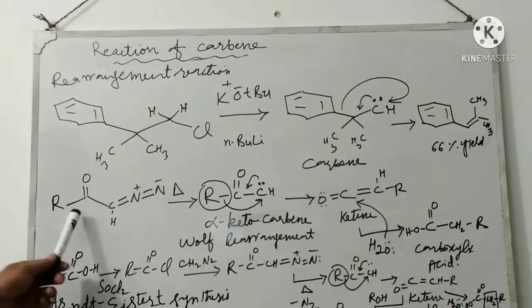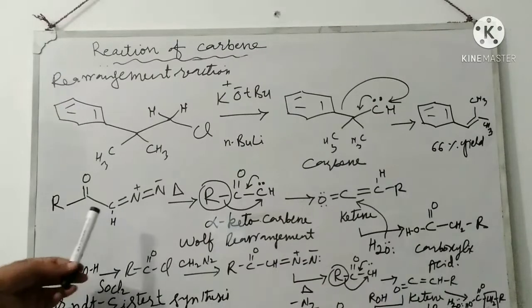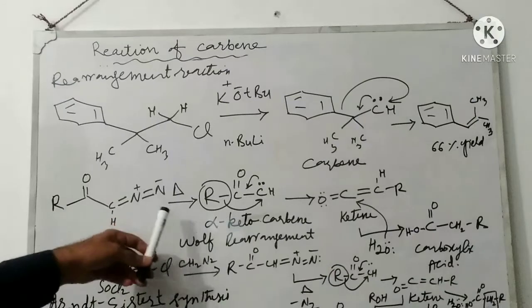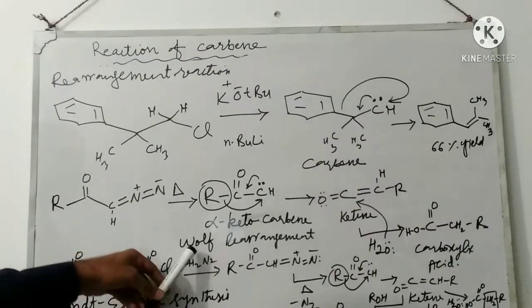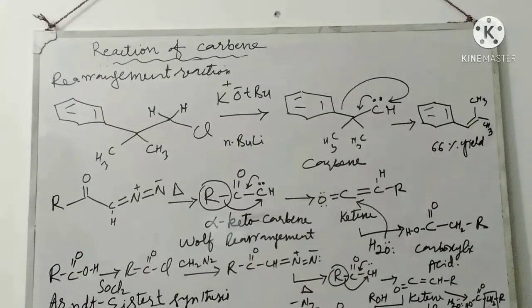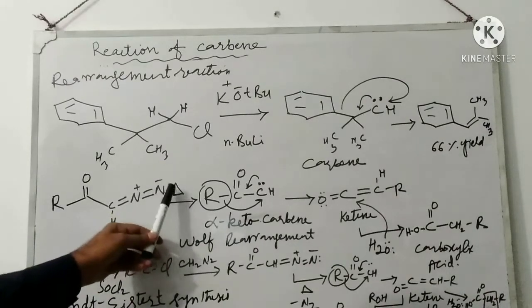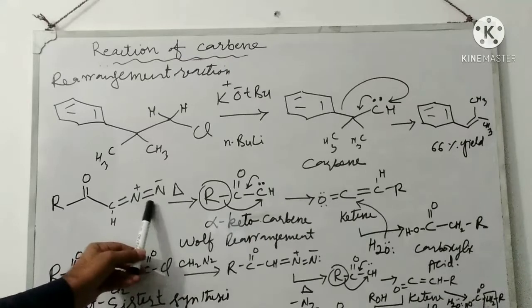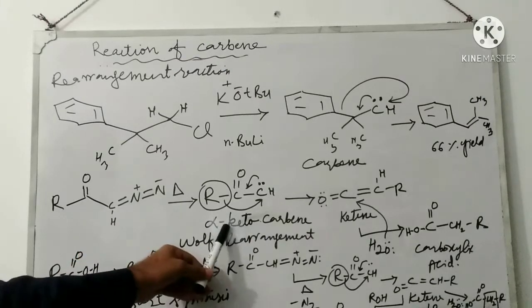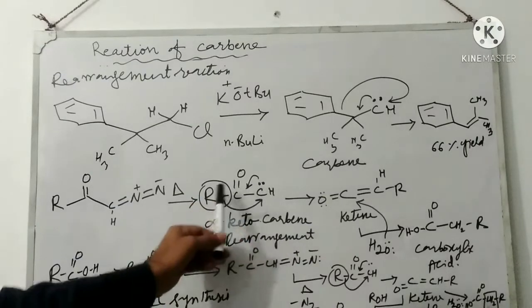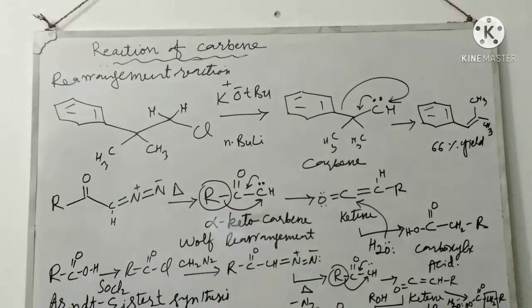So this is another reaction, and this is basically the Wolff rearrangement. When this azo compound is heated, nitrogen is eliminated to give this alpha-ketocarbene. This alpha-ketocarbene undergoes Wolff rearrangement to form this ketene, and then this ketene reacts with a water molecule to form the carboxylic acid.